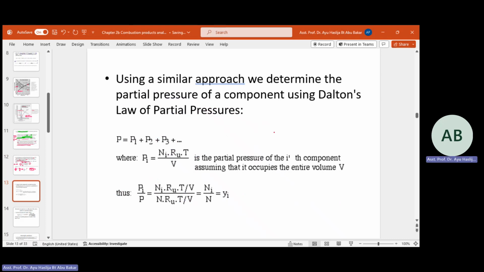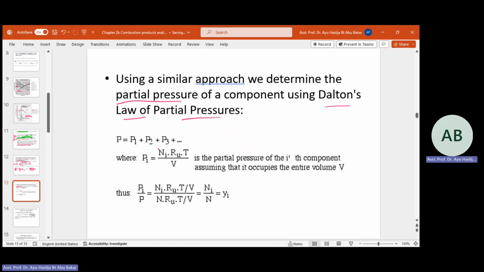Now from there, kita boleh guna untuk cari partial pressure using Dalton's law of partial pressure. Dalton's law. Let me know kalau term mana yang you tak familiar. Okay, P i over here, i tadi refer to the component lah. For example, CO2.